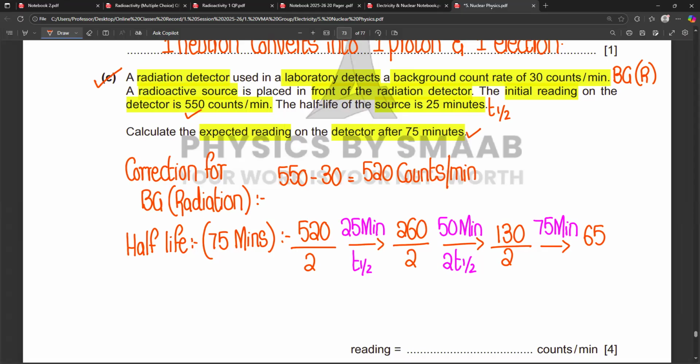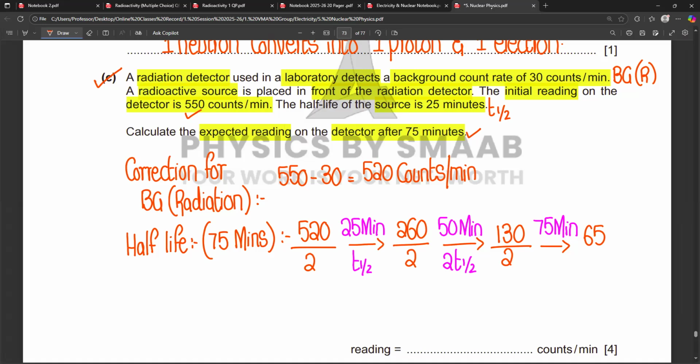Still we have background radiation. So we need to add the background radiation again in the final result, because initially the background radiation is given and we subtract it from the given value. When we subtract it from the initial reading given for the radioactive element, we get the original value for the radioactive sample, which is 520.